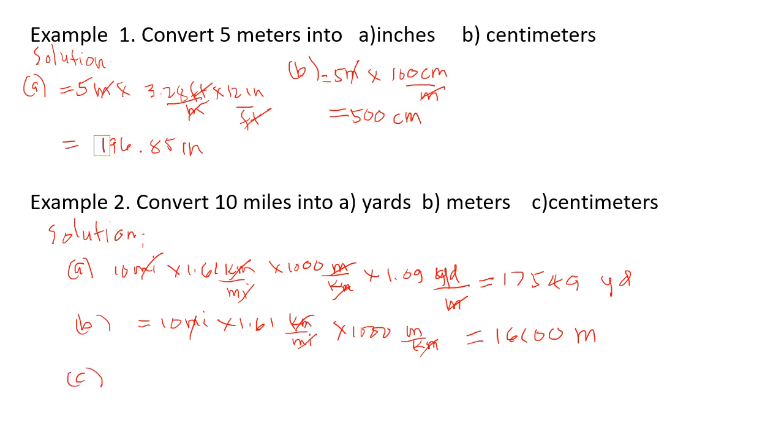For letter C, 10 miles equals 16100 meter times 100 centimeter per meter equals 1610000 centimeter. Unit cancel meter. So this one is equal to 10 miles.